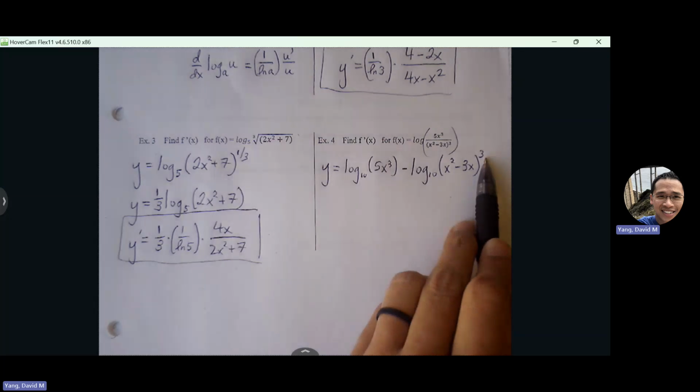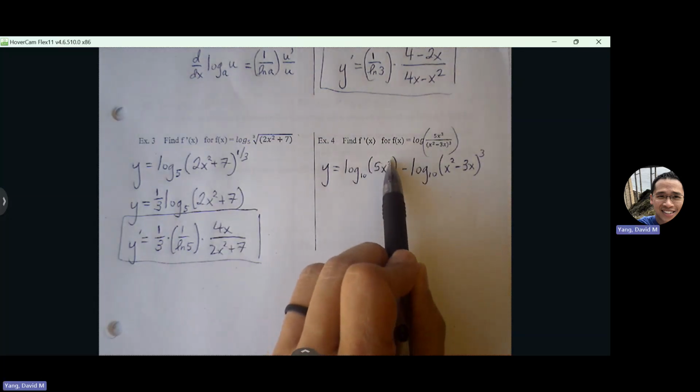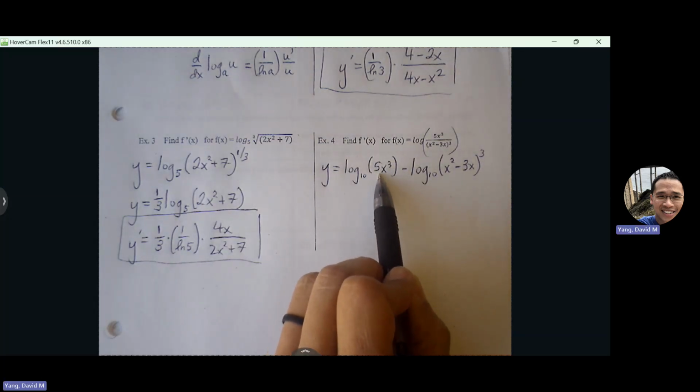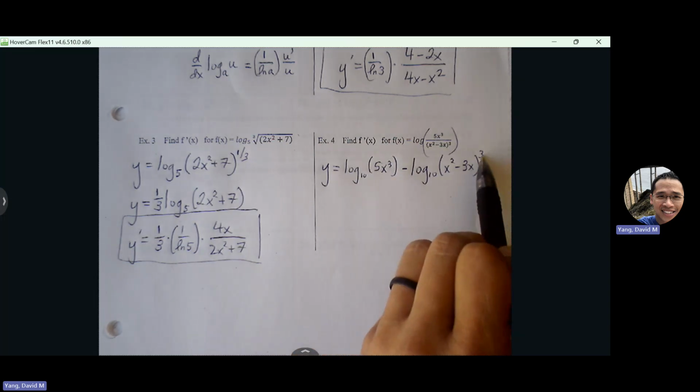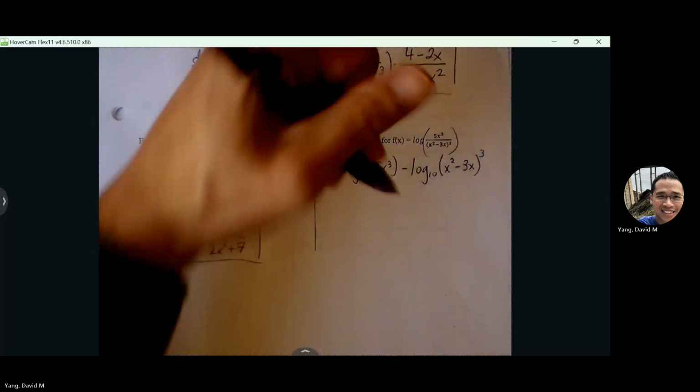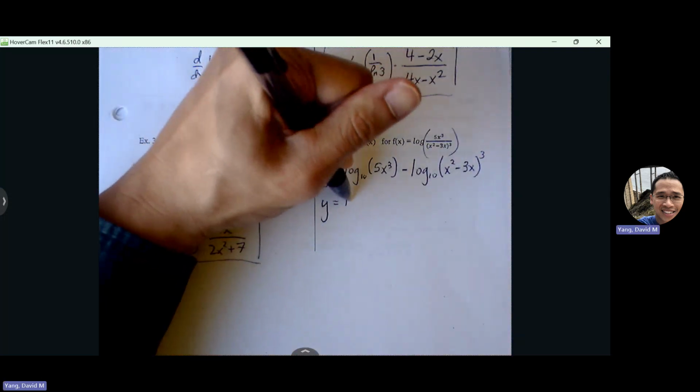Good, bring the 3 down. Technically, we could expand this, but I don't think it's worth the hassle because that is a relatively manageable u value. But if you want to expand, you can. But we definitely want to bring that 3 down. And then from here, see if you can finish the rest of the problem.